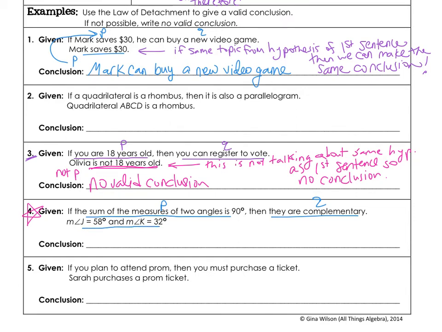Is it the same topic of letter P, or my hypothesis, or is it talking about the complementary? And we can see that the sum of these two angles does measure 90 degrees. So it does match up with our first hypothesis, so you can make a valid conclusion. And your valid conclusion is the same conclusion from the original sentence, the conditional statement. So then those two angles are going to be complementary.